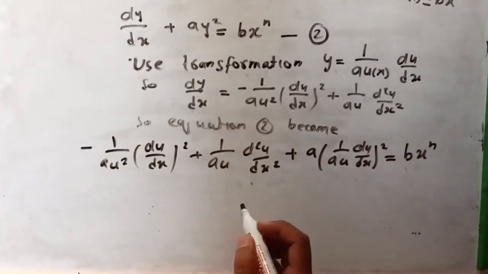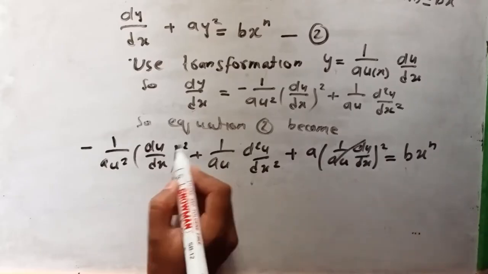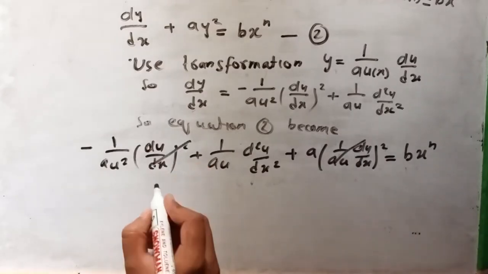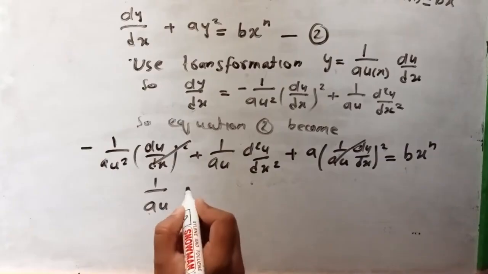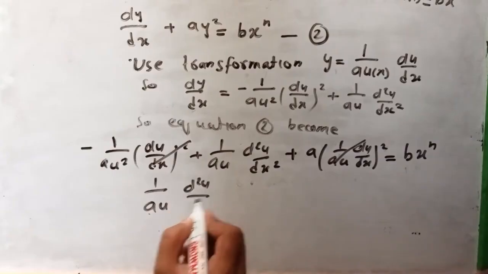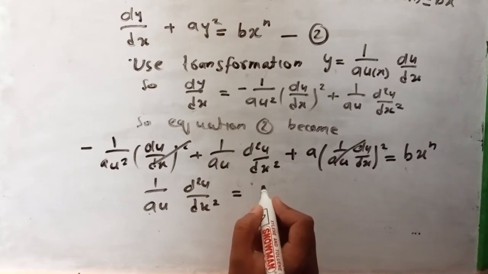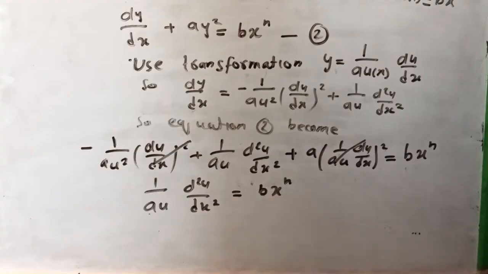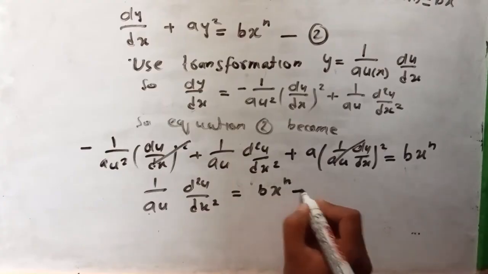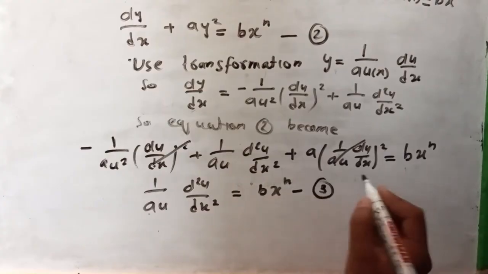So this term and this term cancel out, so this becomes 1 over a u d square u over dx square is equal to b x raised to power n. This is equation number 3.